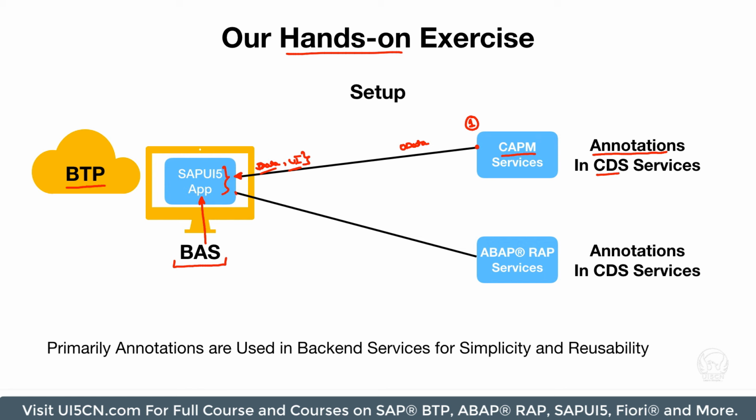Okay, so this is the one aspect or the first category. The second category is where we are going to use the ABAP RAP services. So the ABAP RESTful Application Programming Framework also we're going to use. We're going to create a CDS view there and add annotations to those CDS views, and this we are going to expose as oData based services, and these services again will have data and the metadata as our annotations.